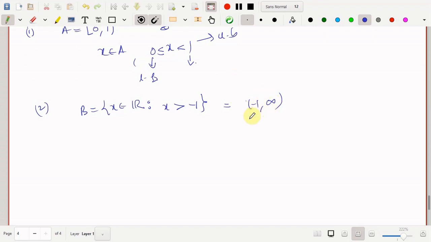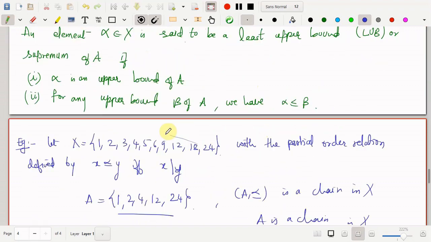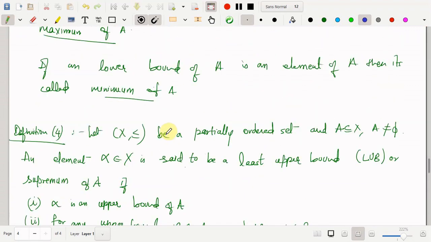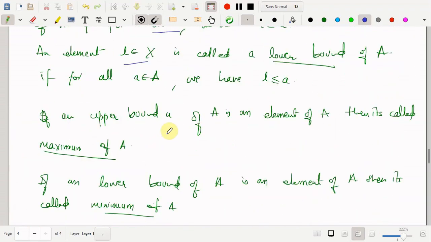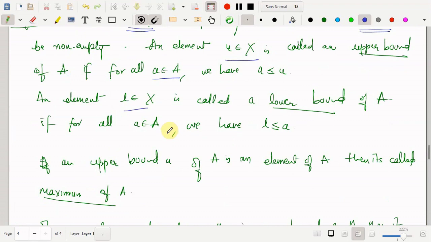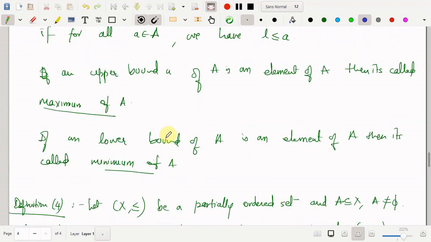The lower bound here is -1. You can also consider -2, -3, -3.5. All these are lower bounds, but none of them belongs to this set, and therefore it does not have a minimum element. In fact, one exercise for you here: if a given subset of a partially ordered set has a maximum and a minimum element, is it true that they are unique?